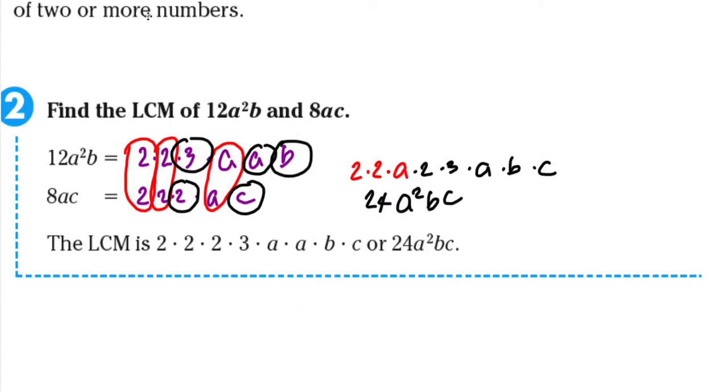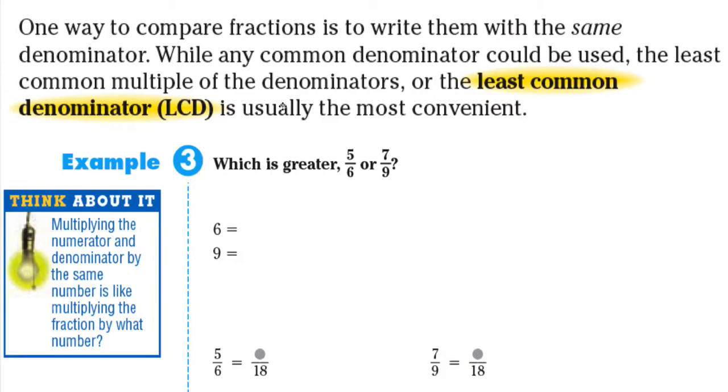Okay, another way to compare fractions is to write them with the same denominator. While any common denominator could be used, the least common multiple of the denominators, or the least common denominator, is usually the most convenient to use. Okay, so we can use any common denominator, but the LCD, or the least common denominator, is the most convenient to use.